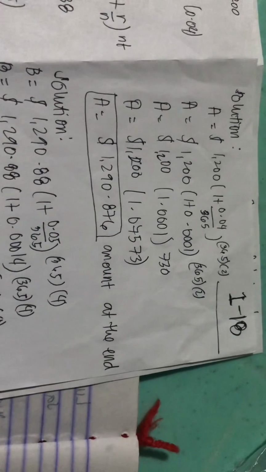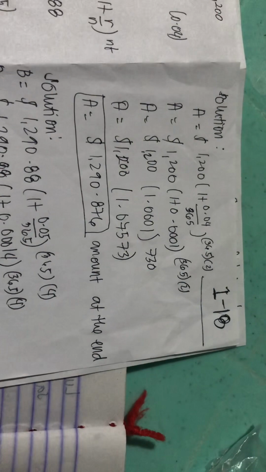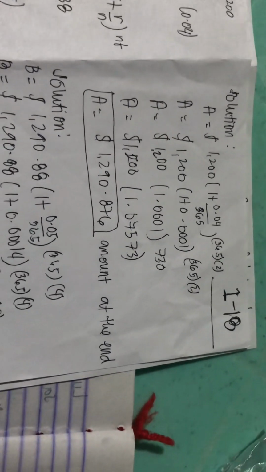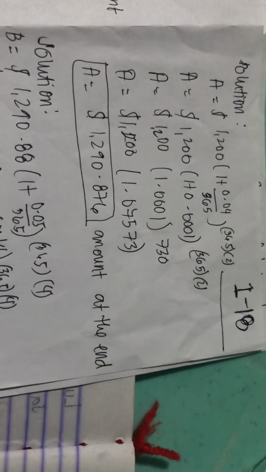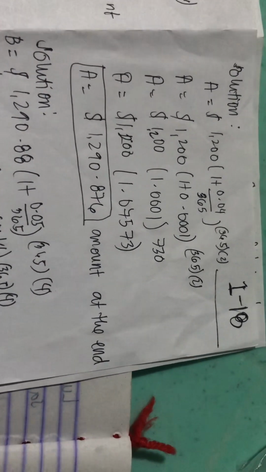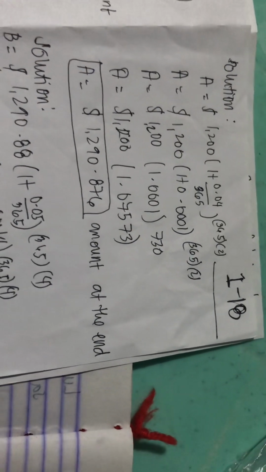So copy again the 2, the principal amount, then open parenthesis 1.001, close parenthesis, then the 730 at the top of it. Then A equals, copy the principal amount of 2, open parenthesis 1.07573, and then close parenthesis.